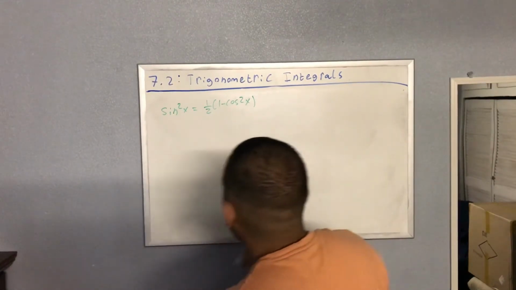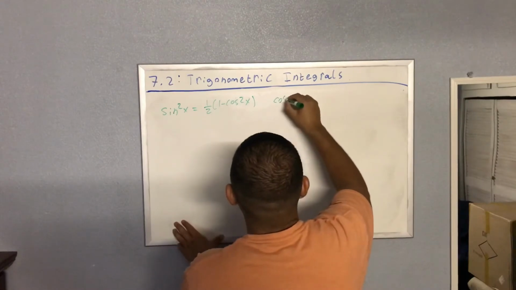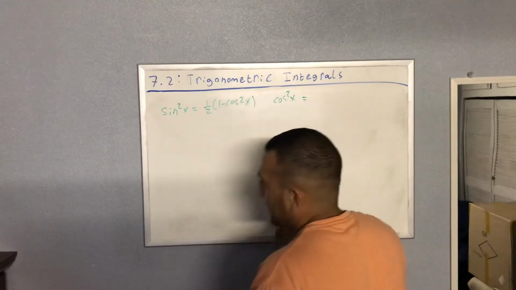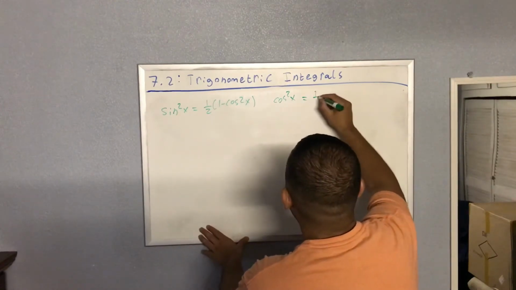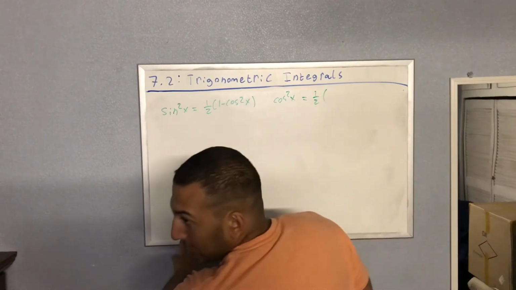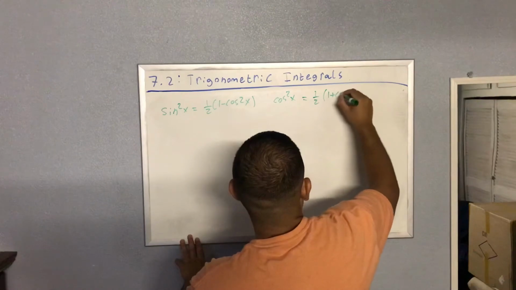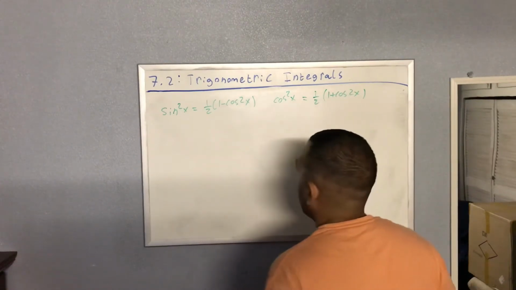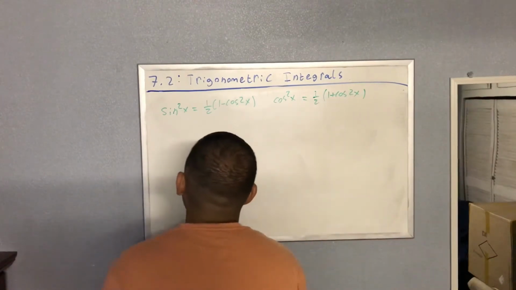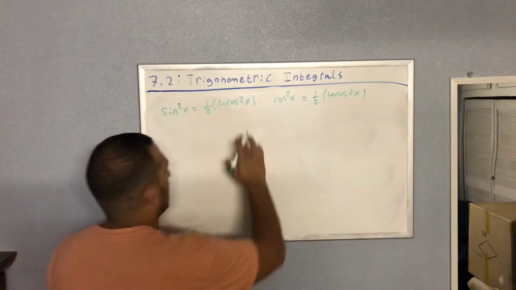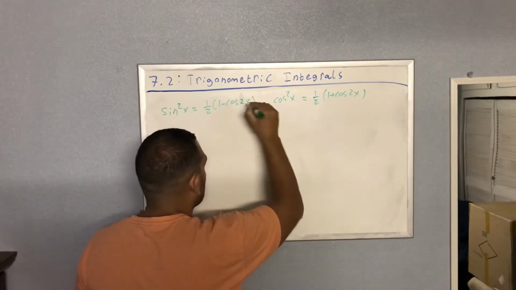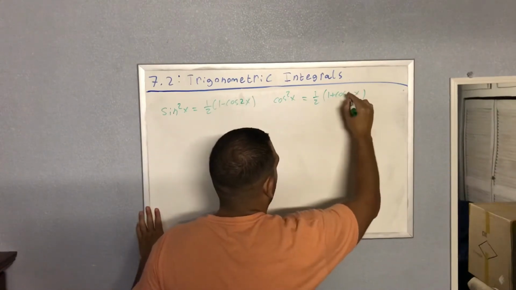And then cosine squared x is 1/2 times 1 plus cosine of 2x. Okay, and then so this is 2x here, so not squared. Be very careful about that.